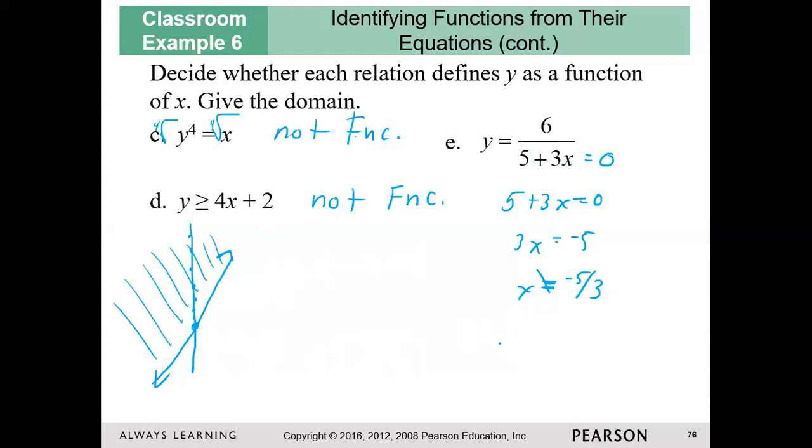So our domain is going to be all real numbers except for this. The way that we do that without having to write all those words out is we say x such that x is not equal to negative 5/3. Okay?